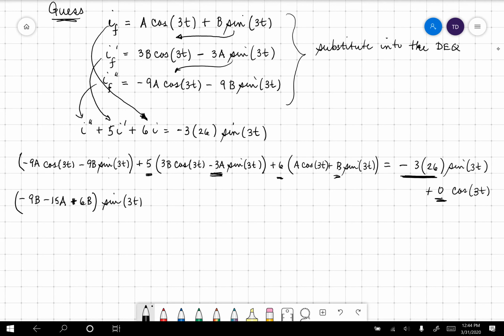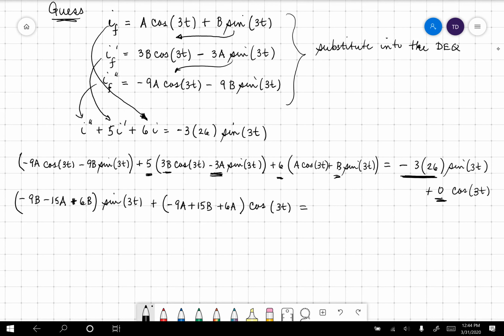And then I'm adding to that the cosine term, get all the terms. The first one is minus 9a. And then I have 5 times 3b, plus 15b. And then I have plus 6a. And that multiplies cosine of 3t.